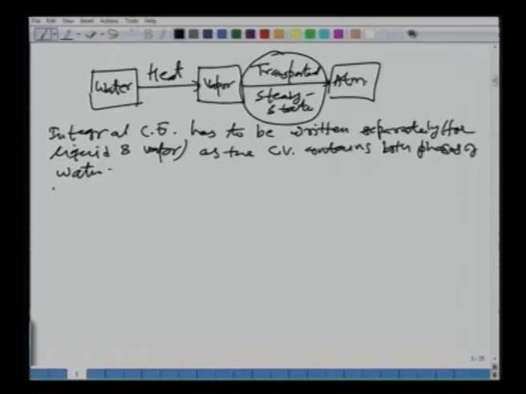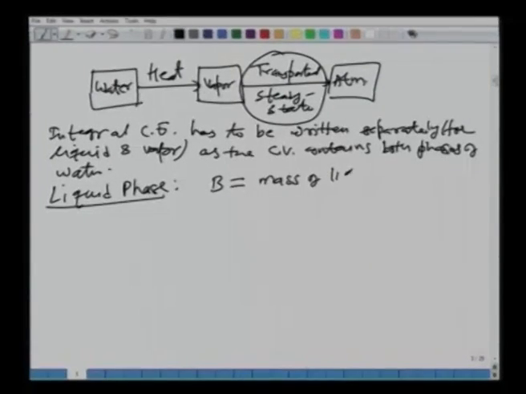Okay. All right. So, let us look at this continuity equation one by one. So, first we will take the liquid phase. I would like to do that quickly. We have seen some of these things earlier. So, we will say that capital B is your extensive property, which is the mass of liquid in the CV.